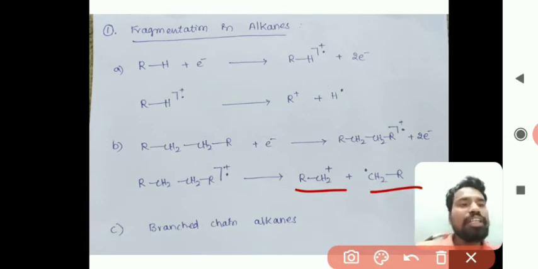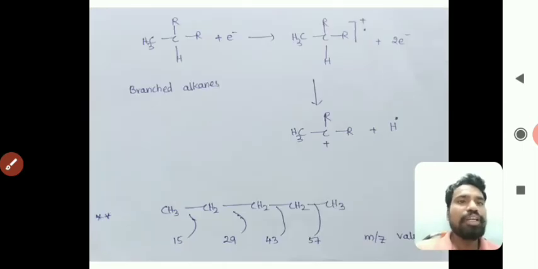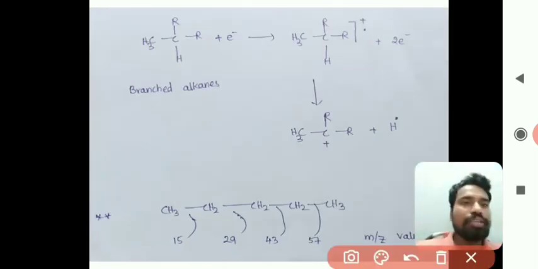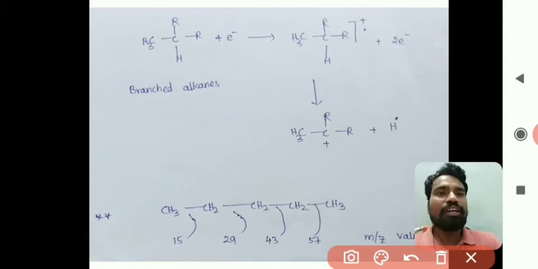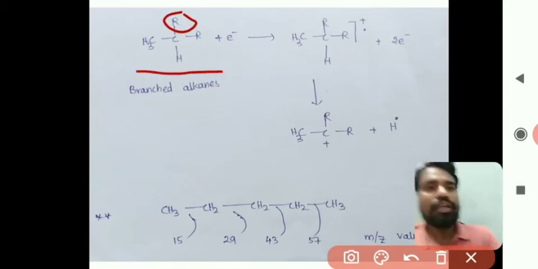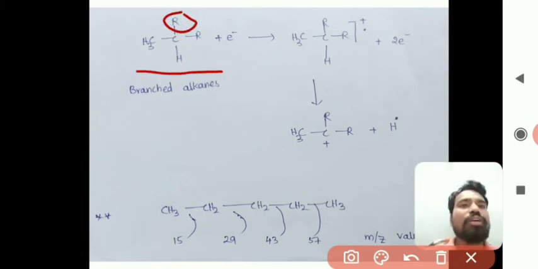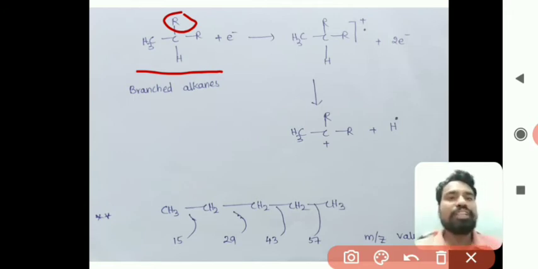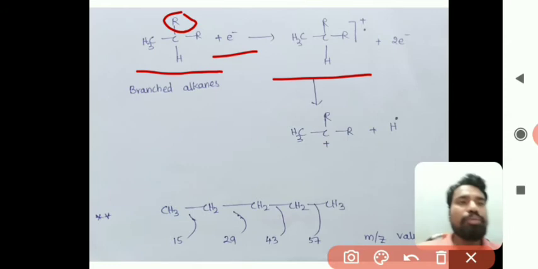And the third thing is branched chain alkanes, which consist of branches. Observe here, this is a simple branched chain alkane consisting of a branch of R, an alkyl group. In the case of branched chain alkanes, when they are bombarded with electrons, there is a formation of the molecular ion.